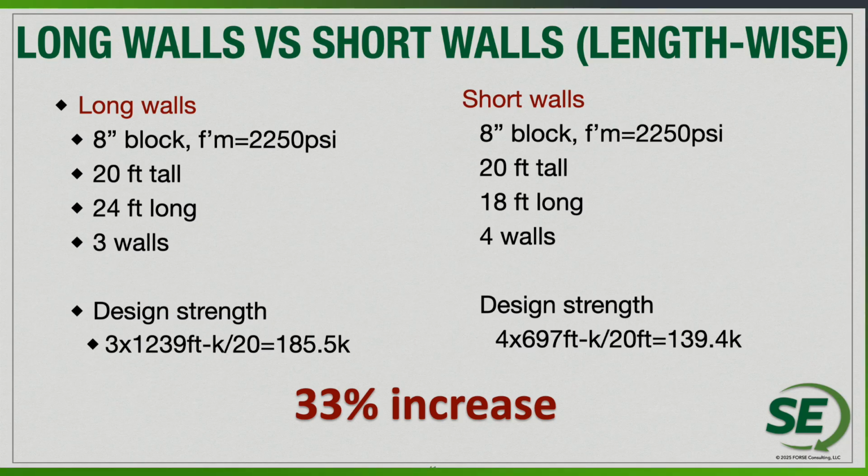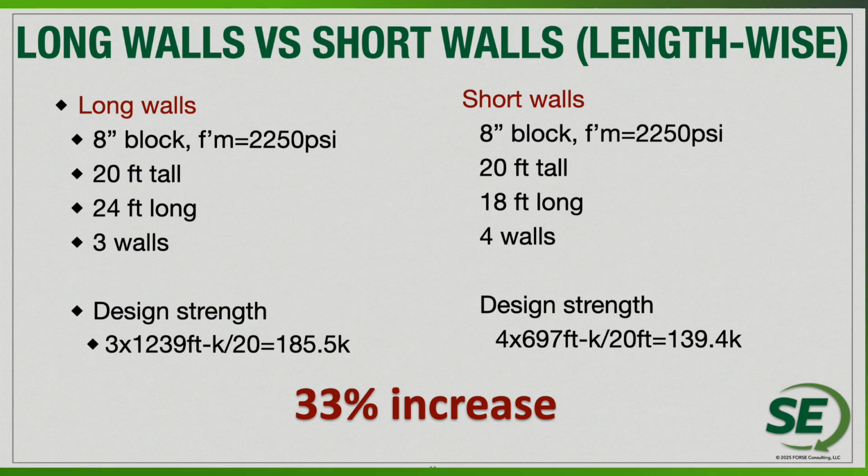Here, just looking really quickly at some long walls versus short walls. Again, three 24-foot long walls, which would be the same overall length as four 18-foot long walls. Again, looking at what some of the different capabilities would be for the forces. For the long walls, I would have about a 33% increase in the shear that would be able to be developed with the longer walls.